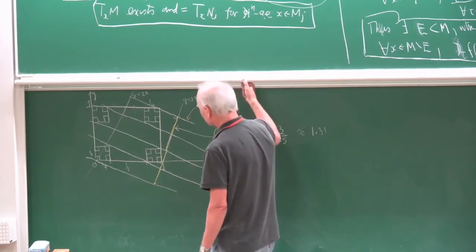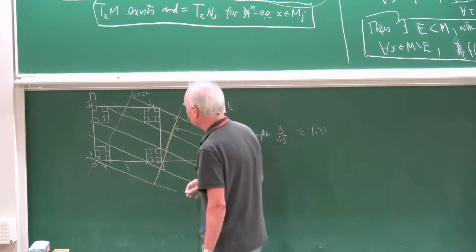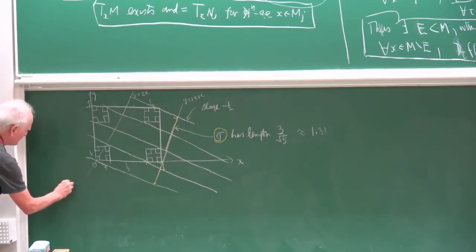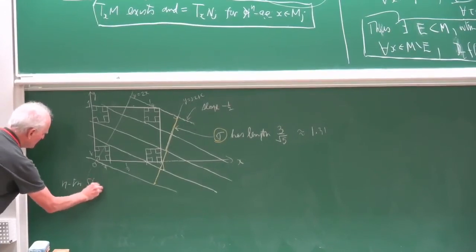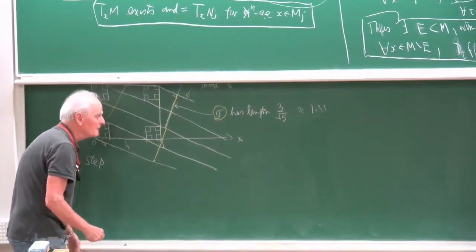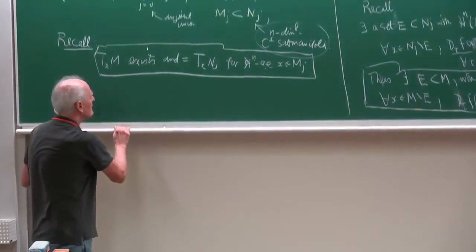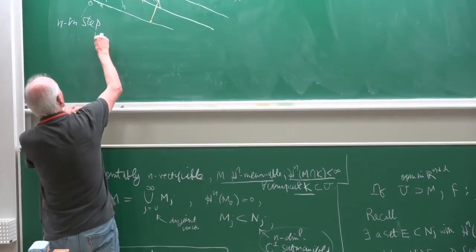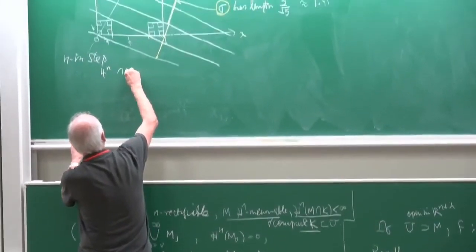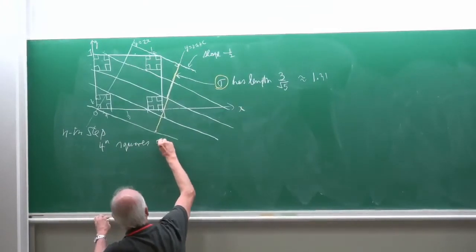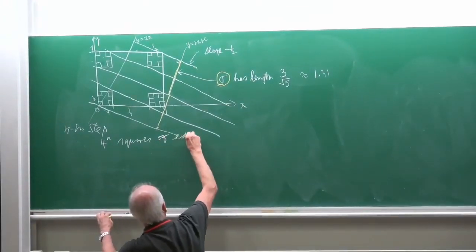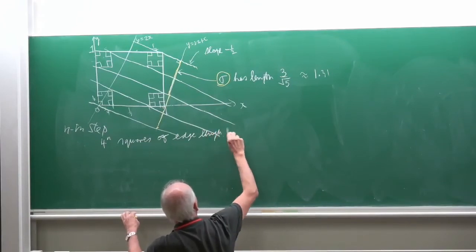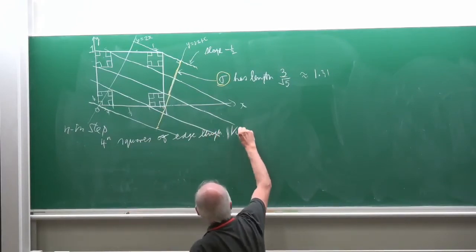Now, so we iterate this. At the nth step, we have 4 to the n small squares, each of edge length 1 over 4 to the n.